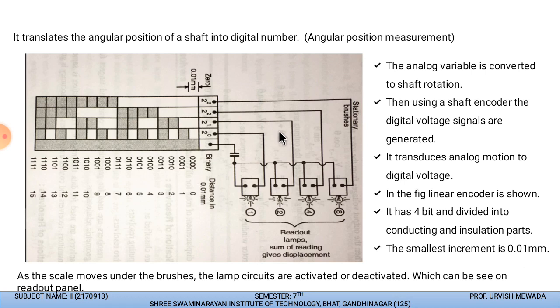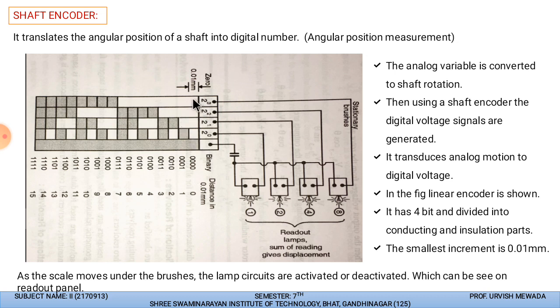So this is the diagram of the shaft encoder. In this plate you can see that some parts are transparent and some parts are opaque. The opaque parts are dark, and the transparent parts are white. And this is nothing but the binary code.